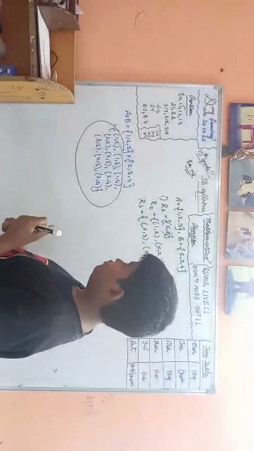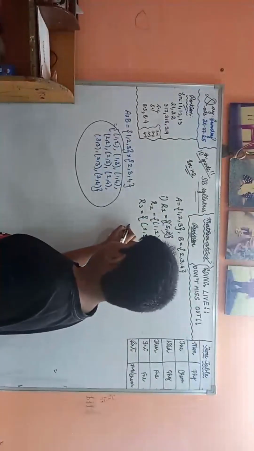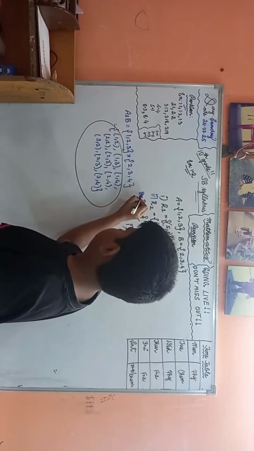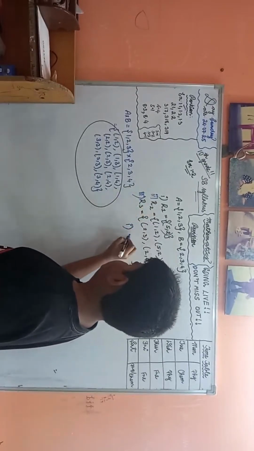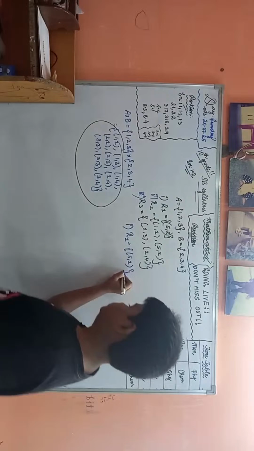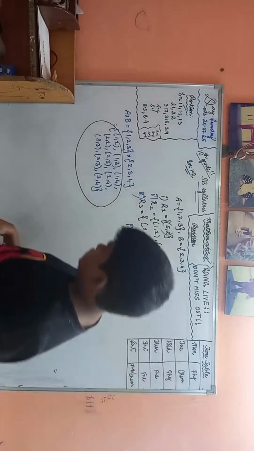So let's see one by one. R1 is equal to 5, 2. So guys, do you see a 5, 2 over here?